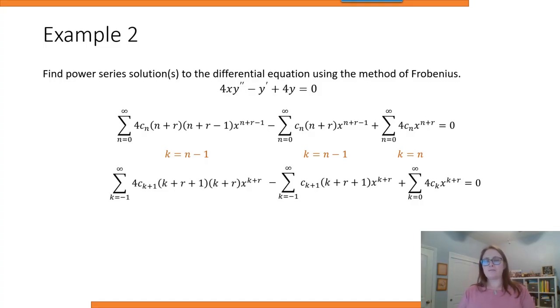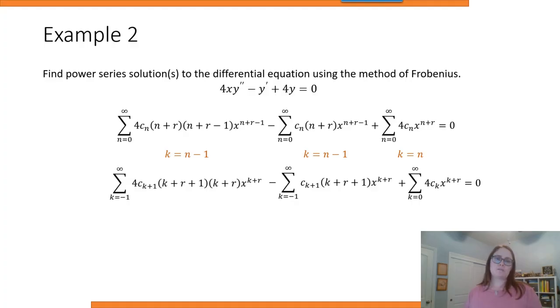My x's have the same power on them, and now I just need to get all my sums to start at the same value. So the latest one is k equals 0 in the third sum, so I need the other two to start at that same value. So I'm going to take out the k equals negative 1 term from those first two sums.